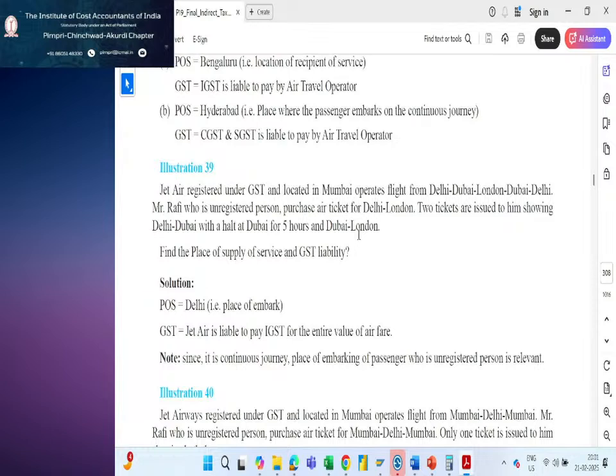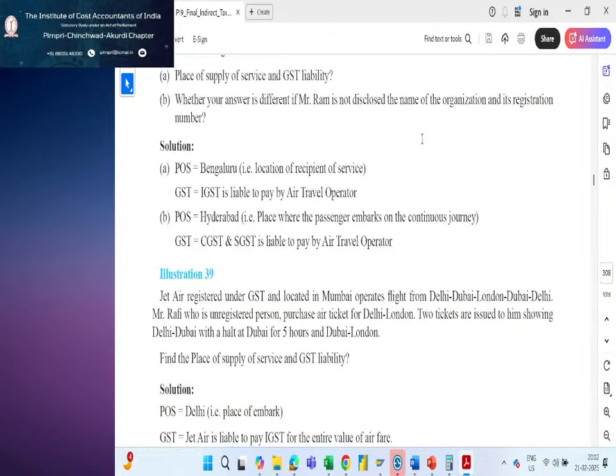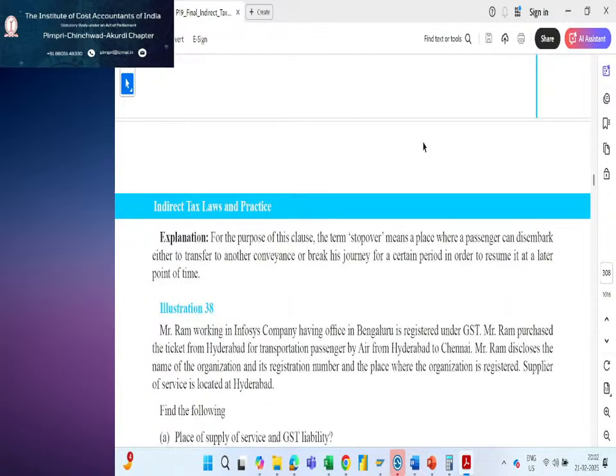Mr. Rafi, who is unregistered person, purchased the air ticket for Delhi to London. 2 tickets are issued to him showing Delhi to Dubai with a halt at Dubai for 5 hours and then it starts from Dubai to London. So we know it is a place of embark. So in this particular case, you have seen here the stopover also.